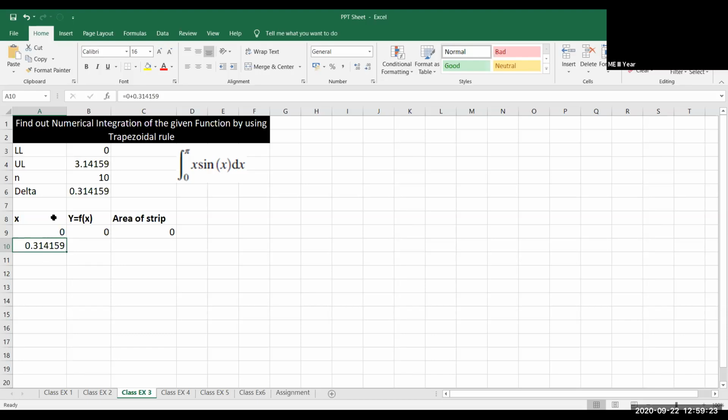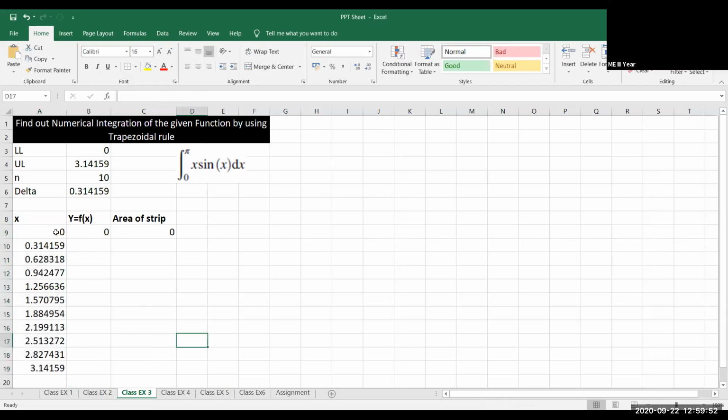If you add 0 to this value, the same result will be there. Drag up to the last one. Better you remove the formula so that we'll see. Select these two values and go up to 3.14.